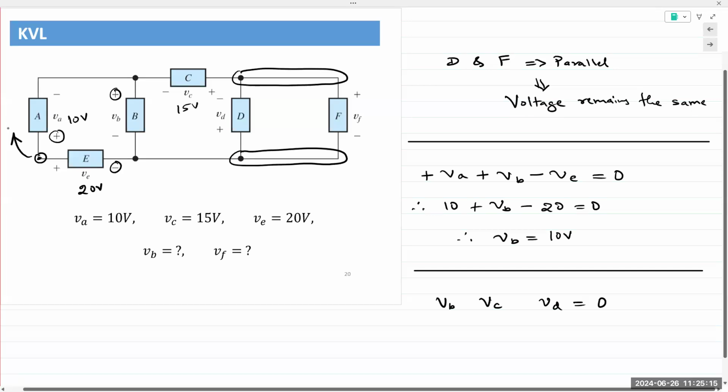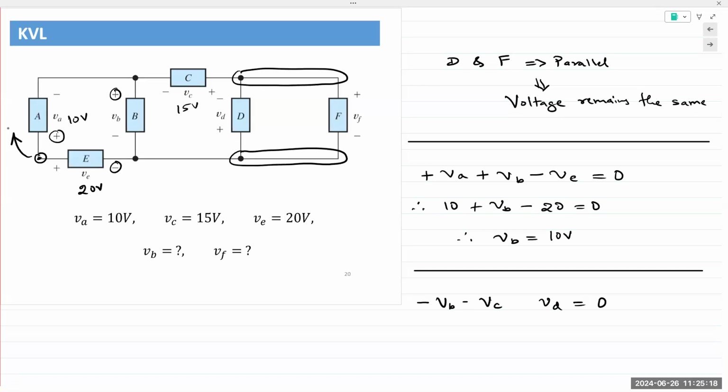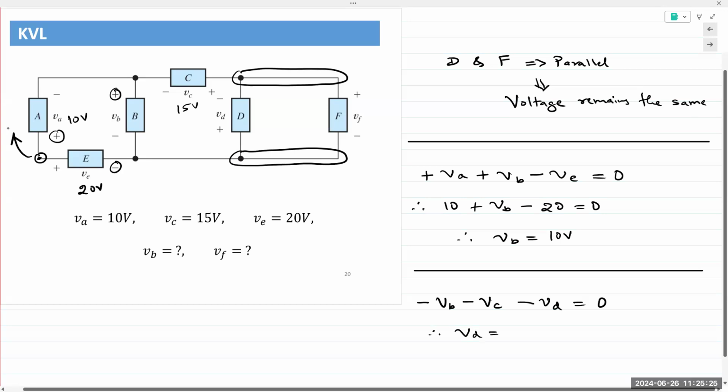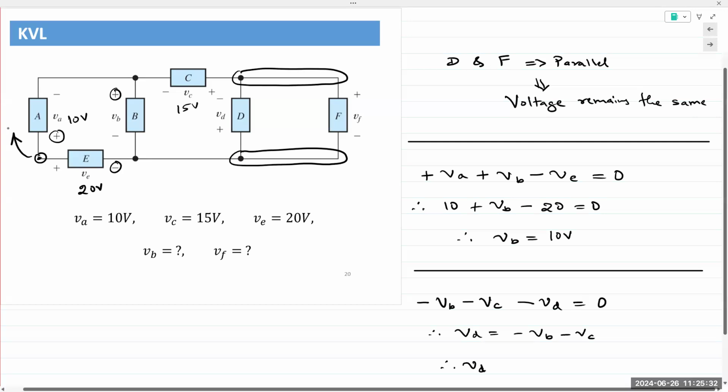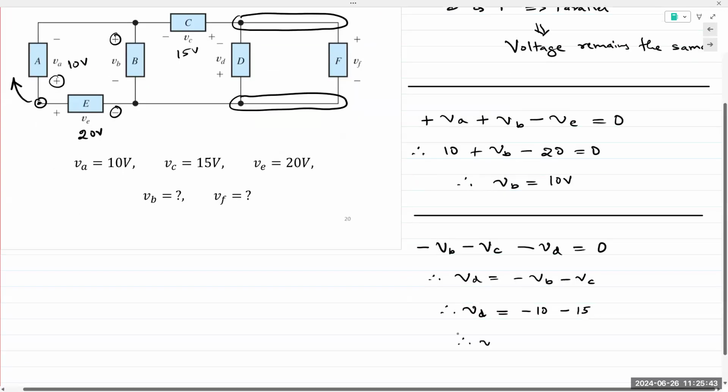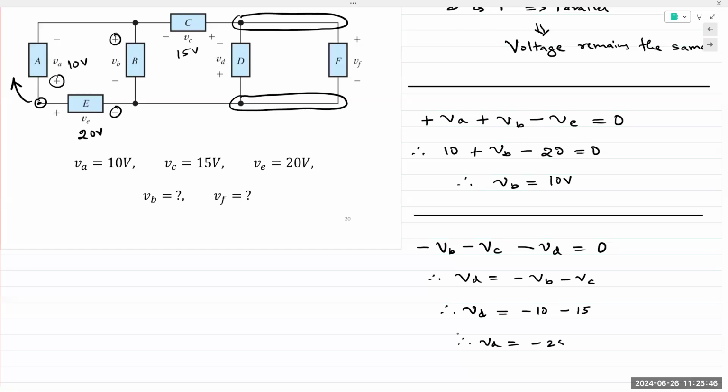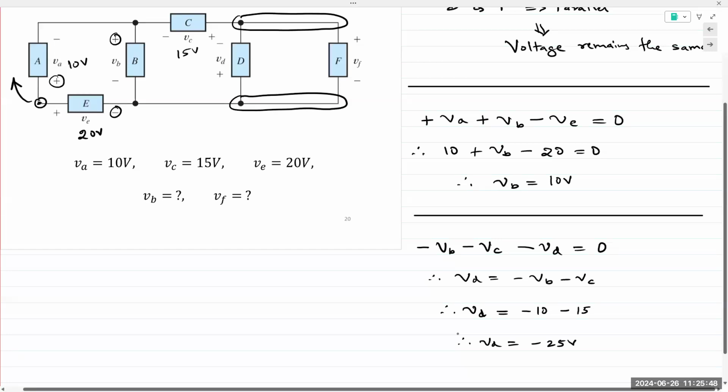Starting from the bottom left corner of the loop, minus VB, minus VC, minus VD equal to 0. So I can write VD is equal to minus VB minus VC. Plug in the values. And VB is minus 10. VC is minus 15. And so VD is minus 25 volts.